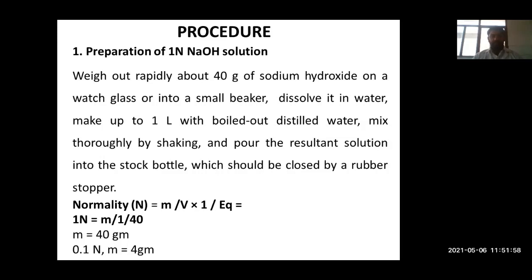For preparation of one normal NaOH solution, we have to weigh 40 grams of sodium hydroxide on a watch glass and transfer it to a small beaker and dissolve it in water. Then transfer that solution through the funnel into the volumetric flask of 1 liter. Then add more water to make it up to 1 liter. Then mix the solution properly by thoroughly shaking and pour the resultant solution into your stock bottle that can be closed with a rubber stopper.